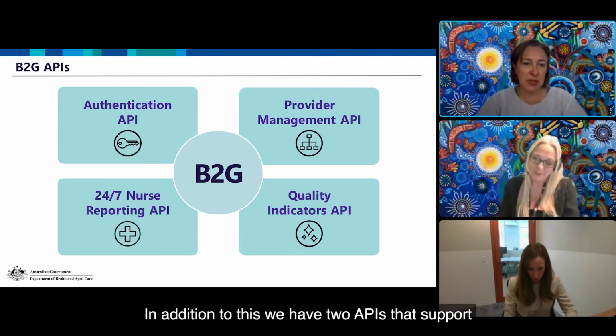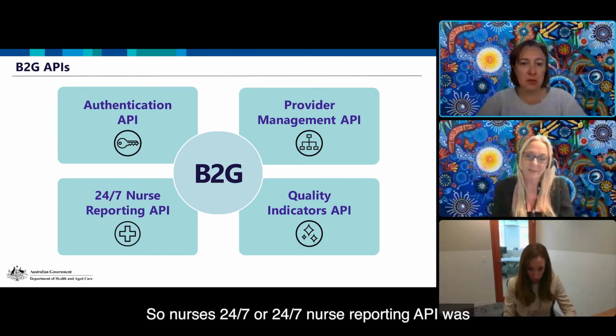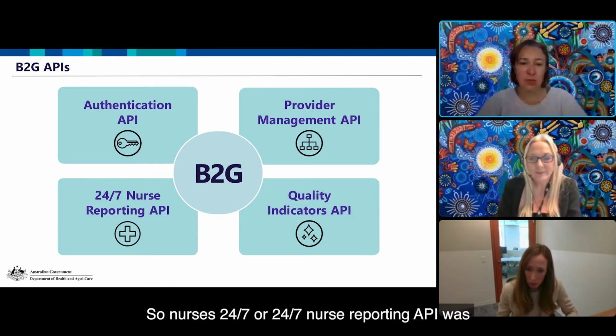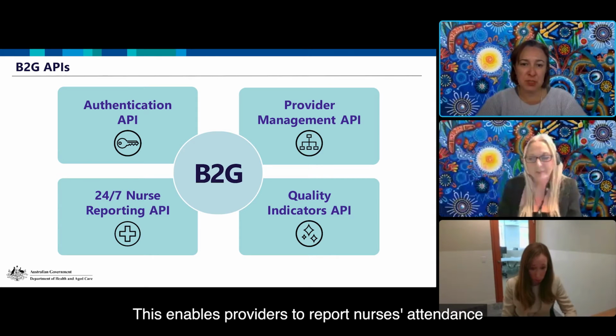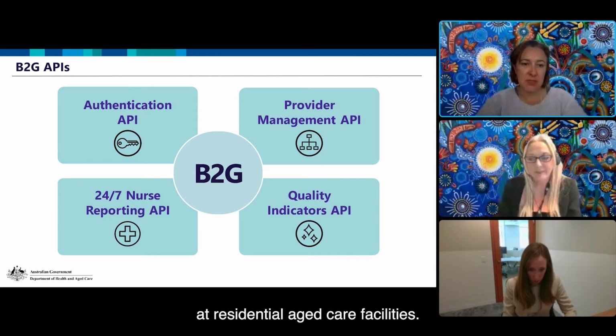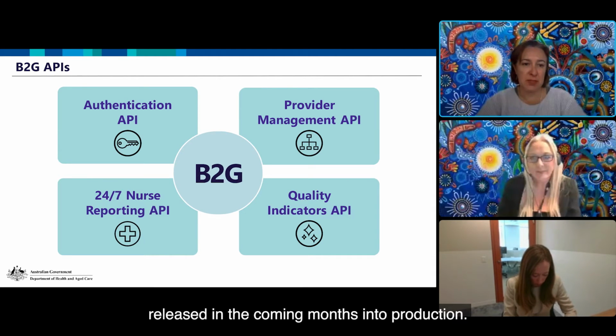In addition to this, we have 2 APIs that support regulatory reporting. The 24/7 Nurse Reporting API was released in April into production. This enables providers to report nurses' attendance at residential aged care facilities. Quality Indicators is the API which is due to be released in the coming months.